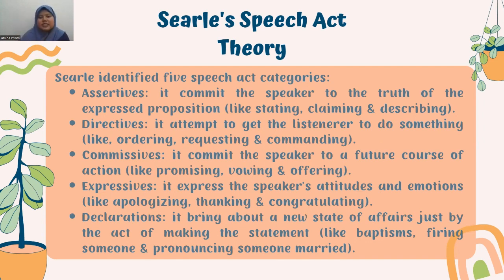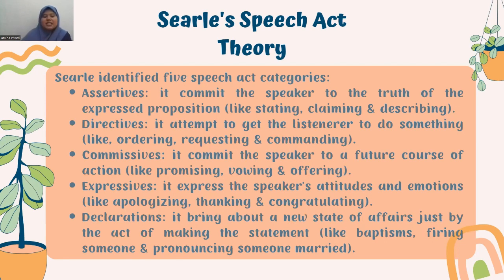The first one is assertive. It commits the speaker to the truth of the expressed proposition, like stating, claiming, and describing. And the second one is directive. It attempts to get a listener to do something, like ordering, requesting, and commanding. The third is commissive. It commits the speaker to a future course of action, like promising, vowing, and averring.